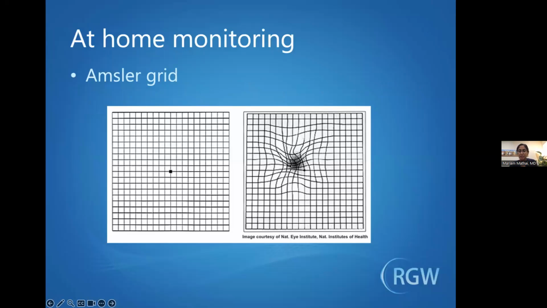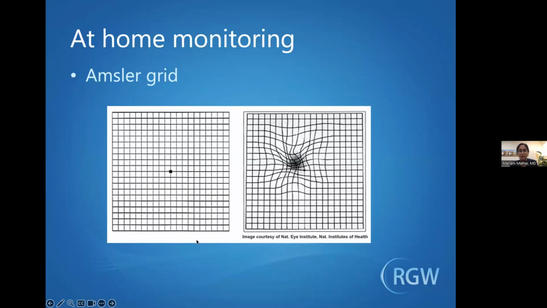And what exactly does monitoring at home mean? There are a few ways you can monitor at home, but the most common way is something called an Amsler grid. This grid helps you focus on only the center of your vision and looks for distortion.